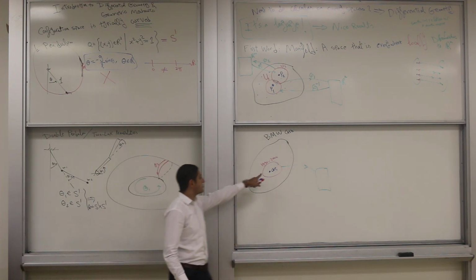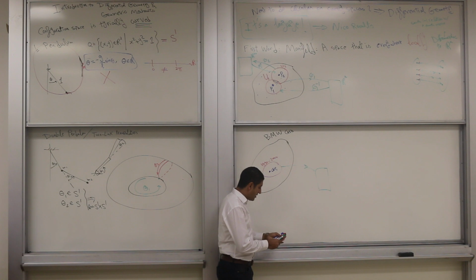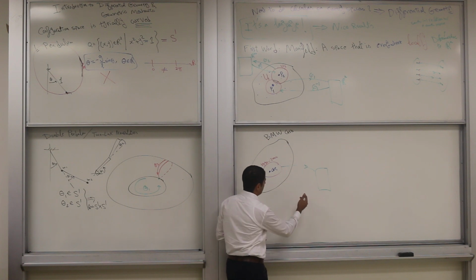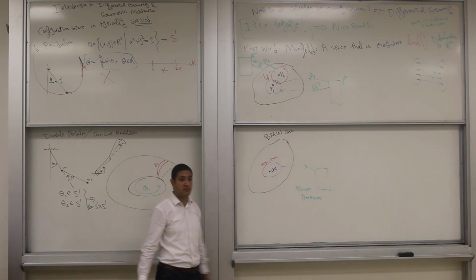So this car has to be exactly represented by a bunch of numbers. Well, probably I can represent the car by its power, horsepower, dimensions. Dimensions are 3 numbers. Power is 1 number, a real number.